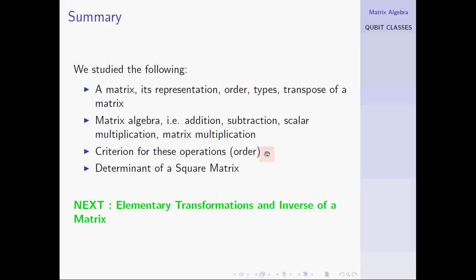And we also noted that matrix multiplication is not commutative generally. And if the matrix is a square matrix, which contains an equal number of rows and columns, you can define its determinant, which is a number. So, in the next video, we will see how to perform elementary transformations of a matrix, and using those transformations, how to find the inverse of a matrix.